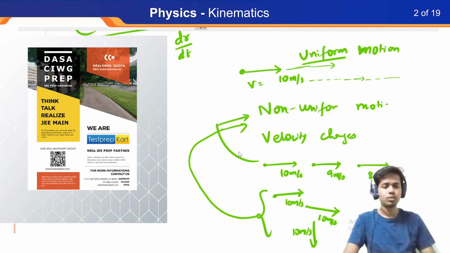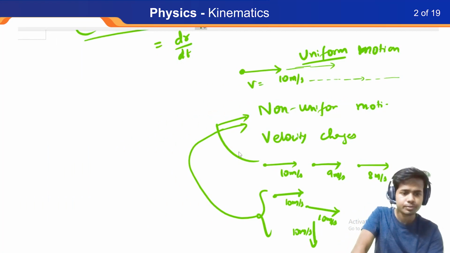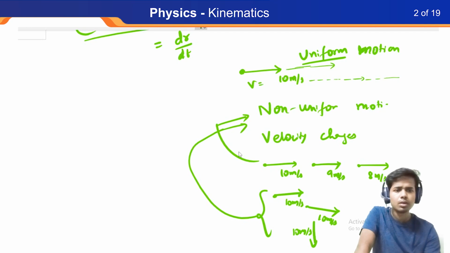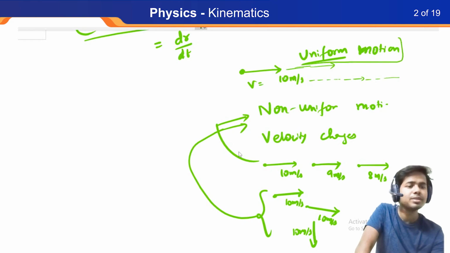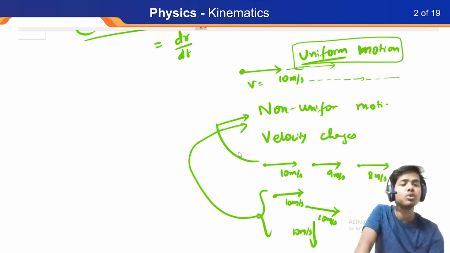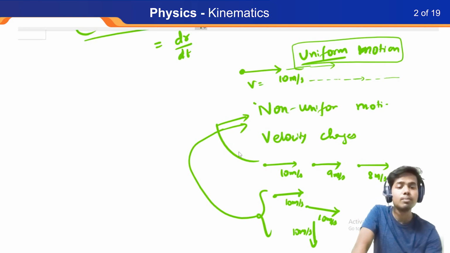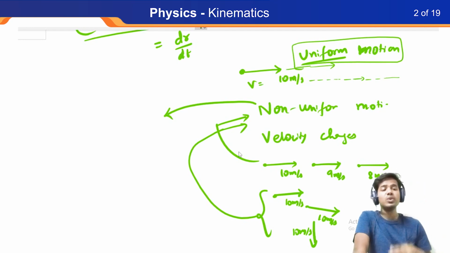Okay. Now, if that is clear, for uniform motion, I don't think there is any need for defining any other parameter. But in non-uniform motion, what I also need to know is with what rate is the velocity changing?